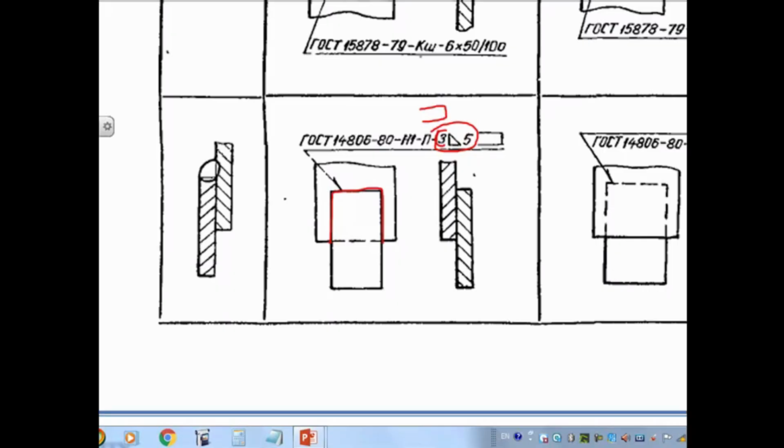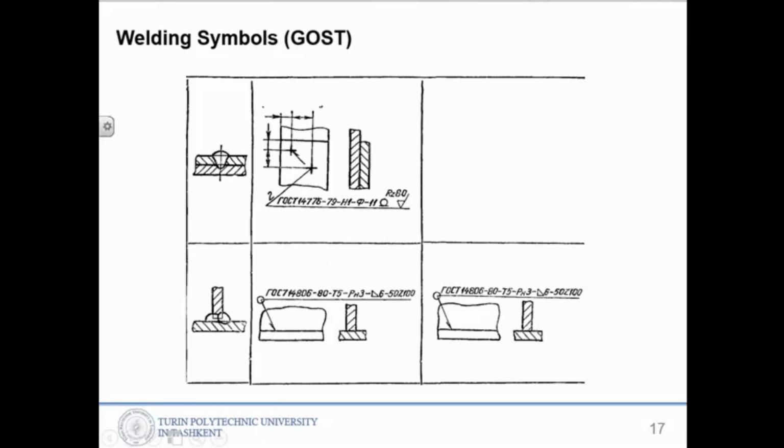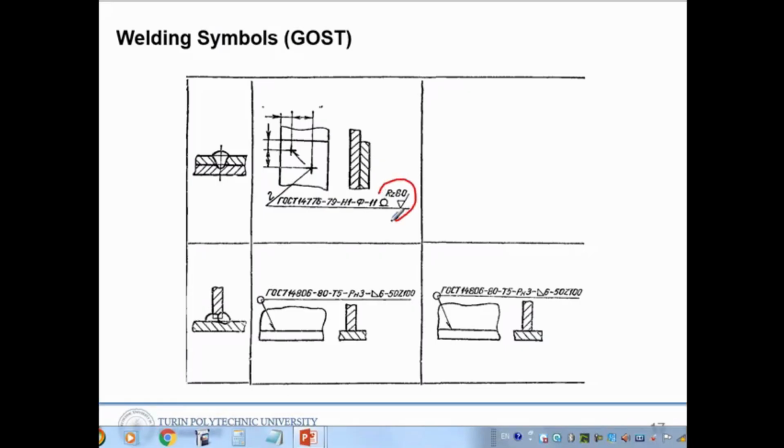On the next slide I would like to show another symbol. Please pay attention to this kind of symbol, and I will show its meaning on the next slide. This one means all around, so this side and this side should be welded.